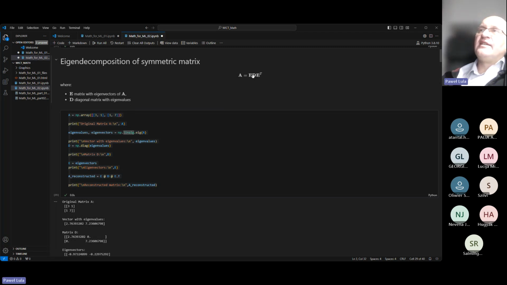And we can say that matrix A can be reconstructed, can be expressed in this form which we have here.